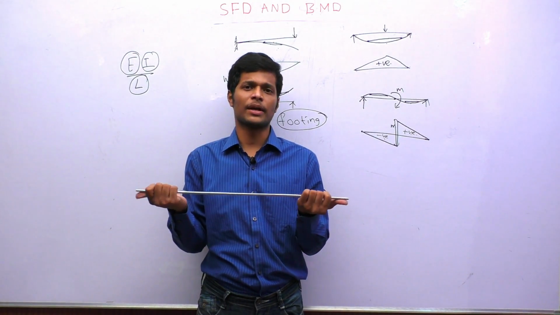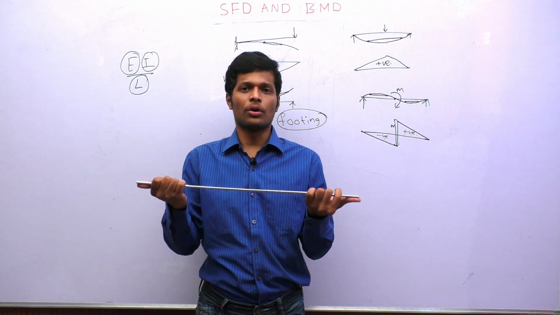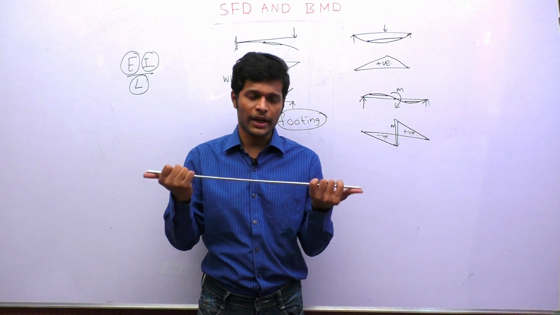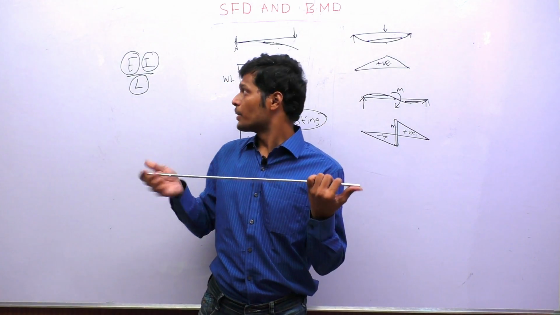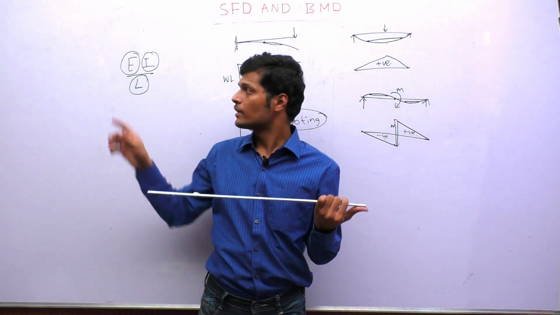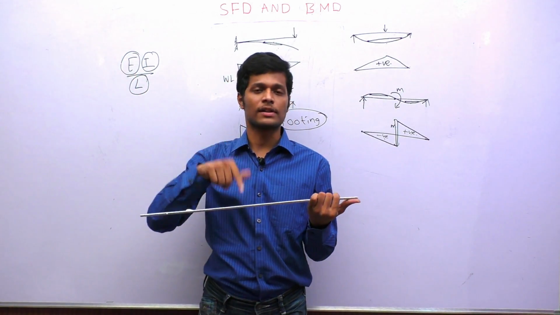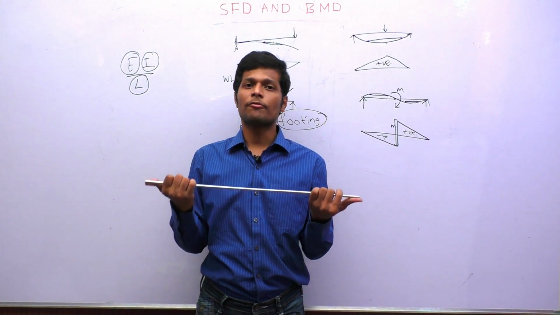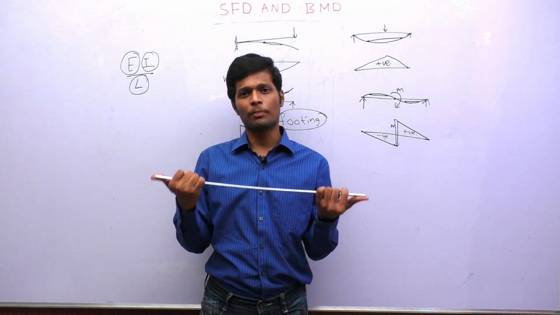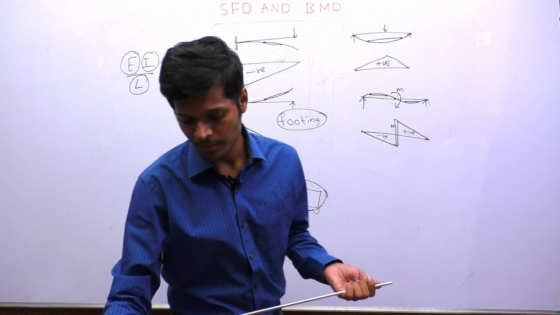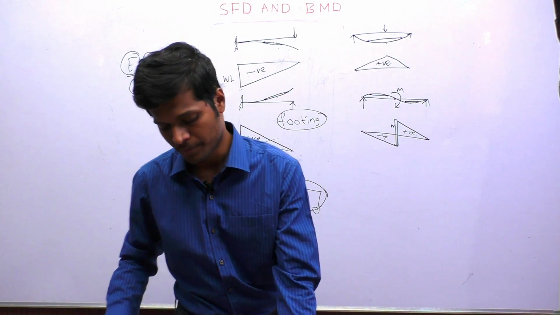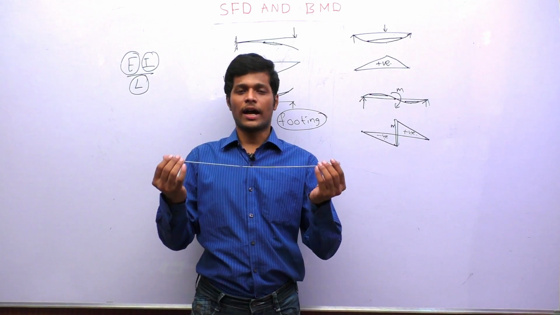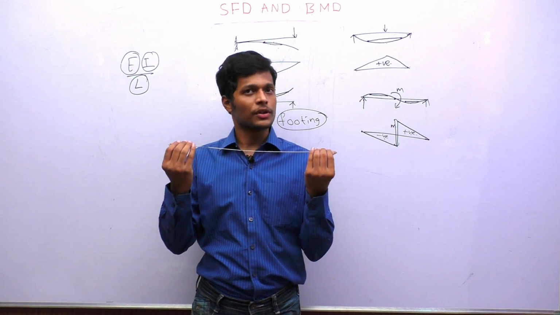Even though it is a ductile material, it requires more load because its flexural rigidity is more. E value and L value is same for this and previous, but because of more I value, I am unable to bend this. So that is the reason I will select a small I value so that I can bend to show you the deflection.